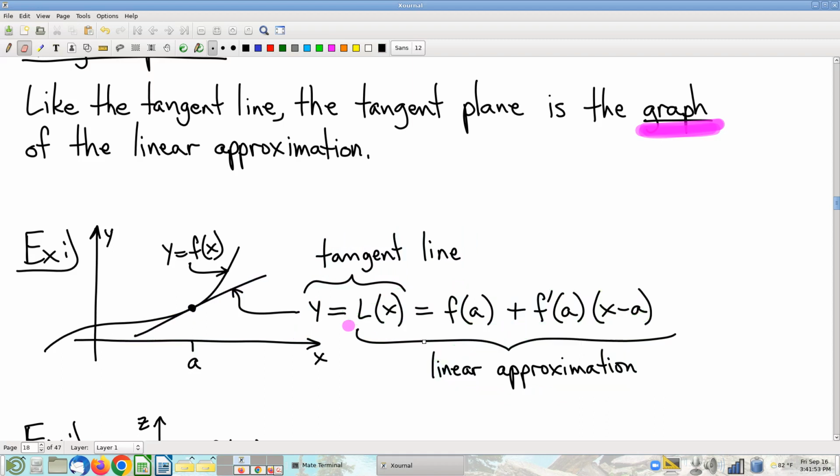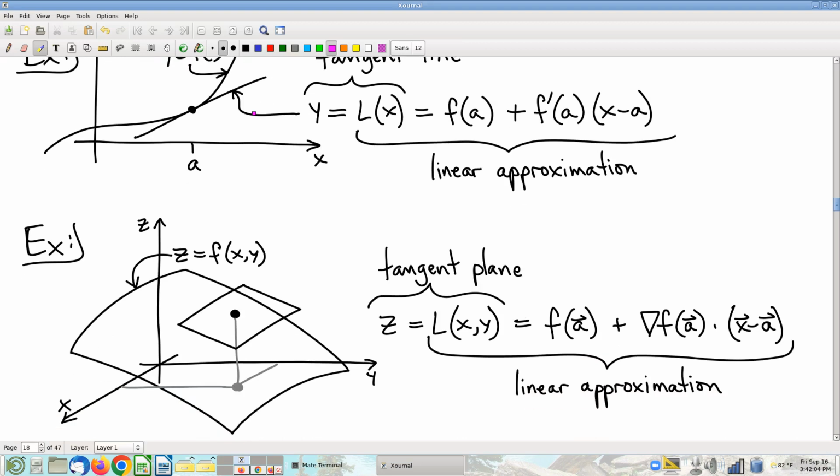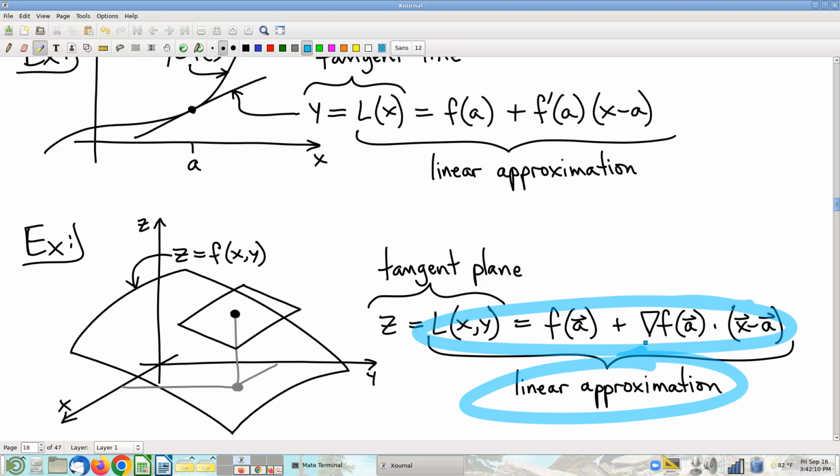So that said, we can make the exact same observations about tangent planes that we did about tangent lines. It's the same exact relationship. We have a pre-existing formula for linear approximations. There's our linear approximation.